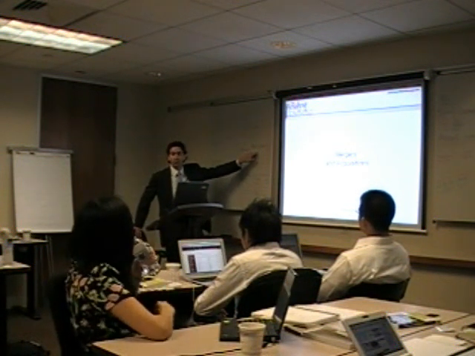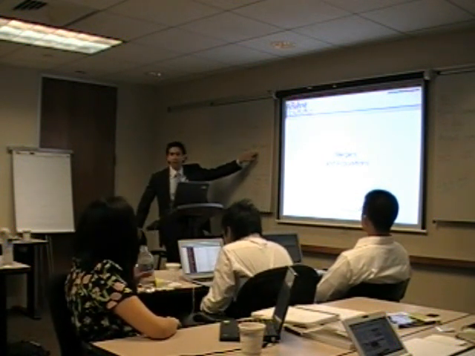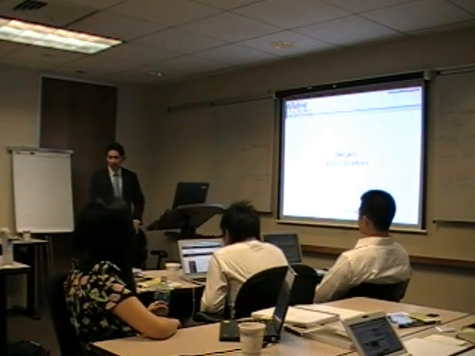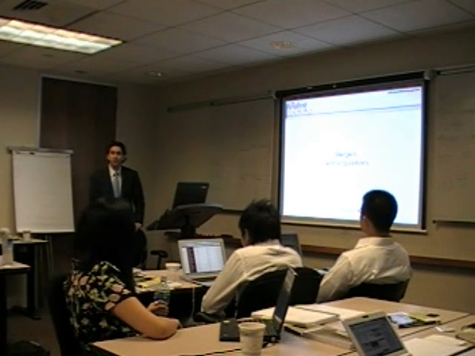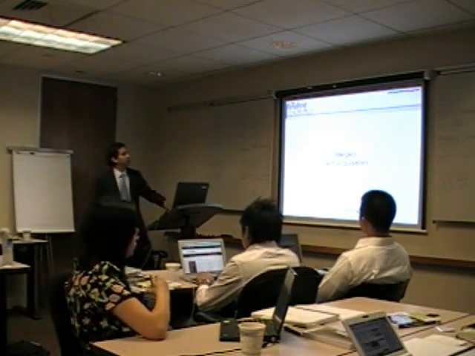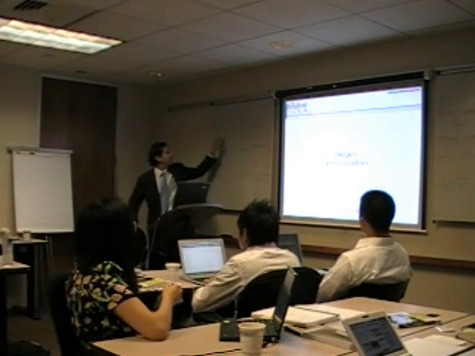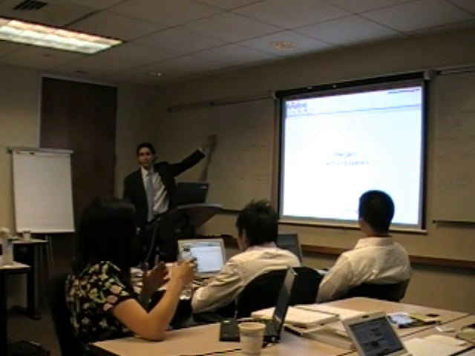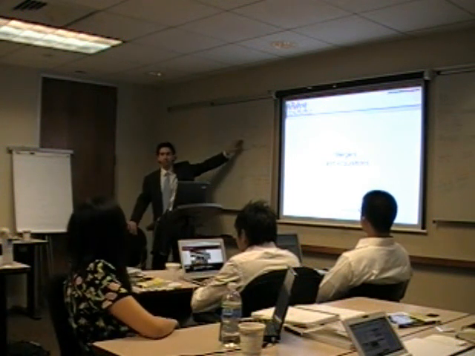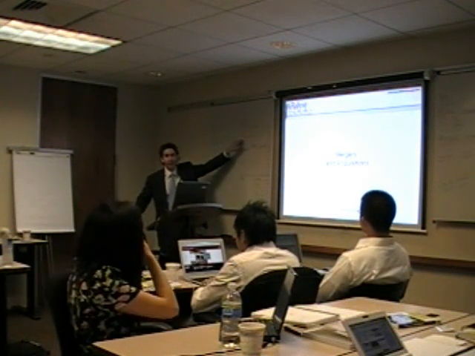To convert accelerated depreciation into deferred taxes, we take the accelerated depreciation, subtract the straight line depreciation, multiplied by the tax rate. So the accelerated depreciation was 5 million, straight line was 1 million, that gives us 4 million, times 40%, that gave us 1.6 million. So 1.6 million deferred taxes.